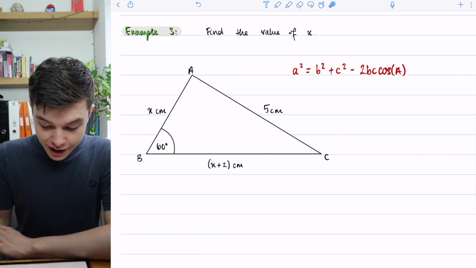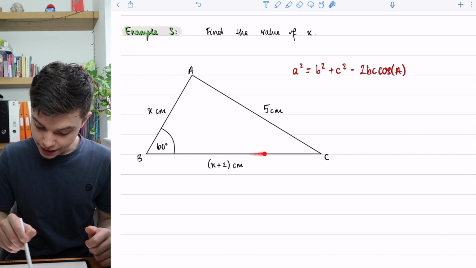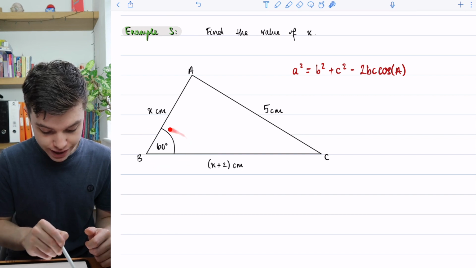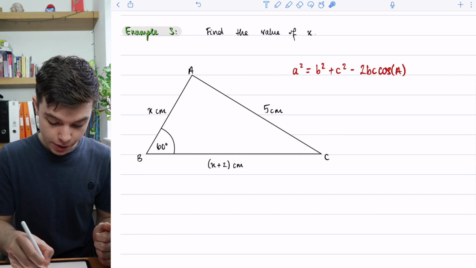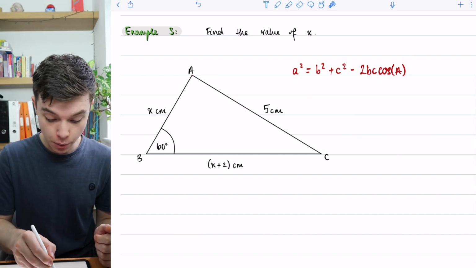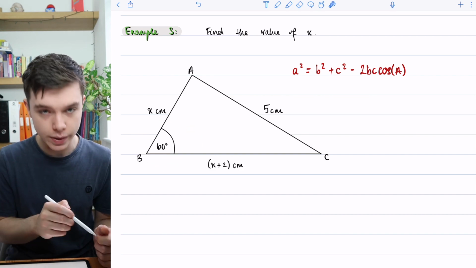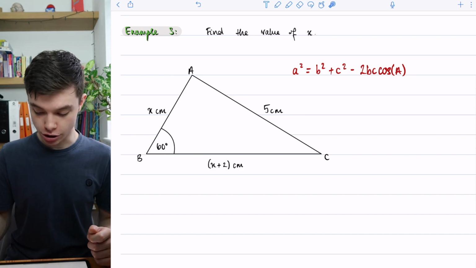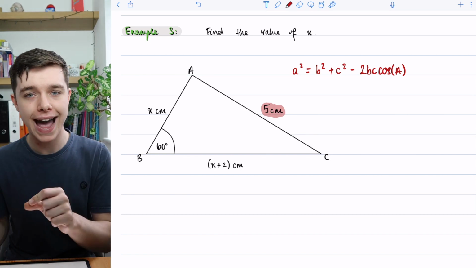So we're trying to find the value of x, and x is involved in this side here and in this side here, and we know the angle between them. If we were to work out the side AC, we would be using these sides and the angle between them. So imagine that we don't know the length of this side here and work it out.